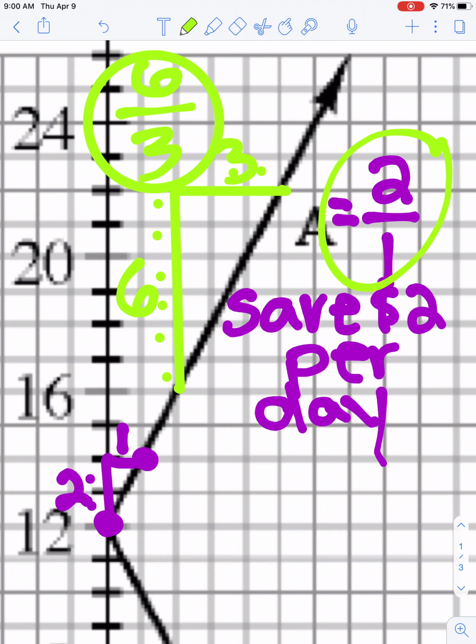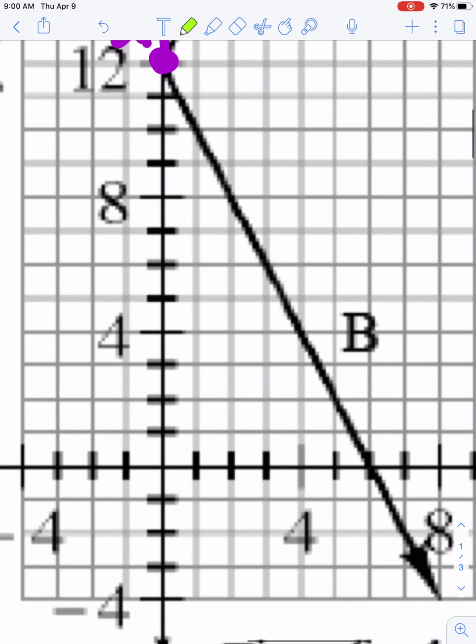All right, so we looked at person A's line, we talked a little bit about it, so now we've got to do the same thing for person B. Let's switch colors here. For person B, I can still use that same first point, and I'm going to mark some other points that I can use. These are called lattice points.